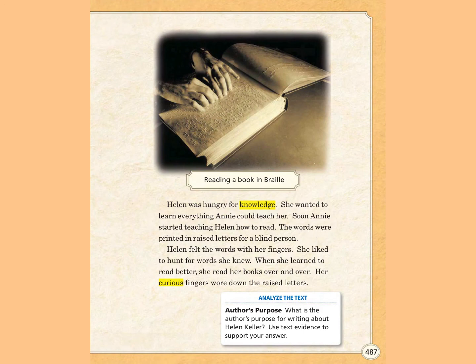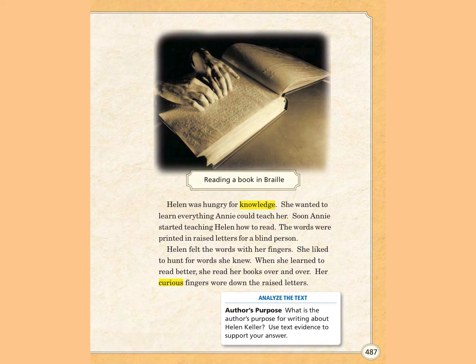The words were printed in raised letters for a blind person. Helen felt the words with her fingers. She liked to hunt for words she knew. When she learned to read better, she read her books over and over. Her curious fingers wore down the raised letters.